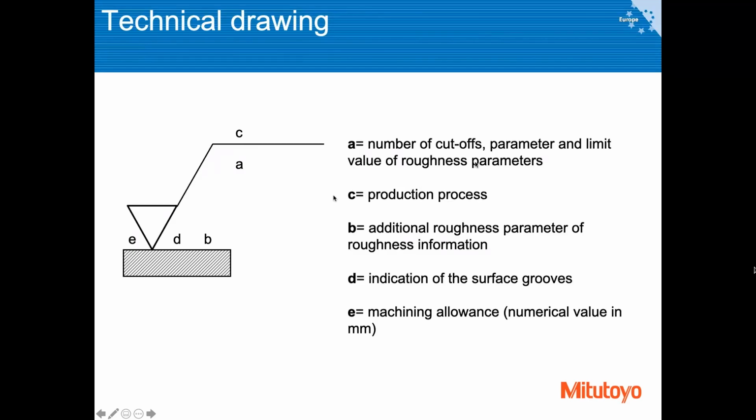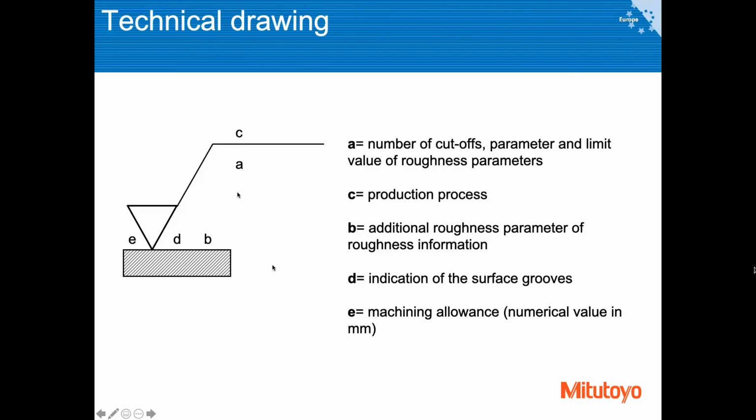In area C, you can have production process information. In area B, you have additional roughness parameter information. So it means that this list over here, A, can be continued down until you write down all the information you really need to take care of.